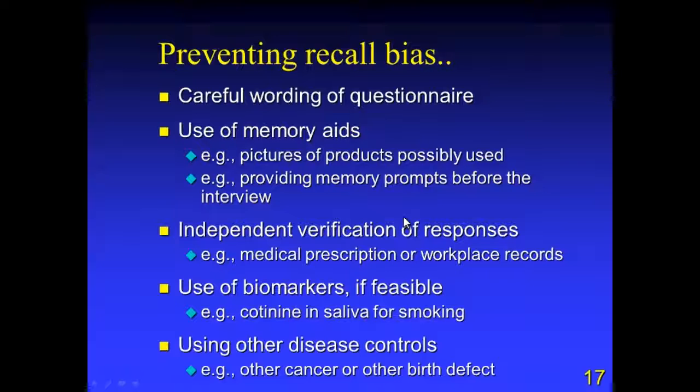Biomarkers might be used in some situations, but as we've talked about, they have limited applicability, particularly for exposures that occurred some time ago. They're really only very useful for recent exposures. As we just talked about, you can use other disease controls, such as other cancer or other birth defect controls. That's a way of trying to minimize or prevent recall bias.